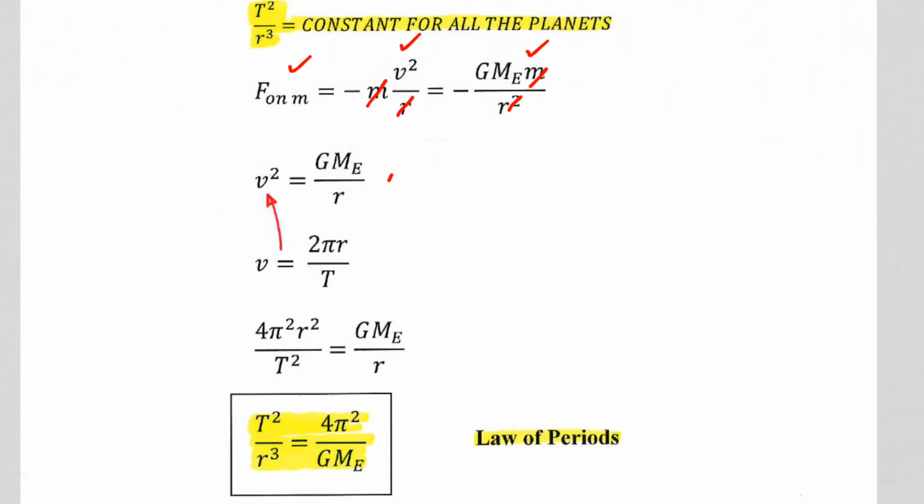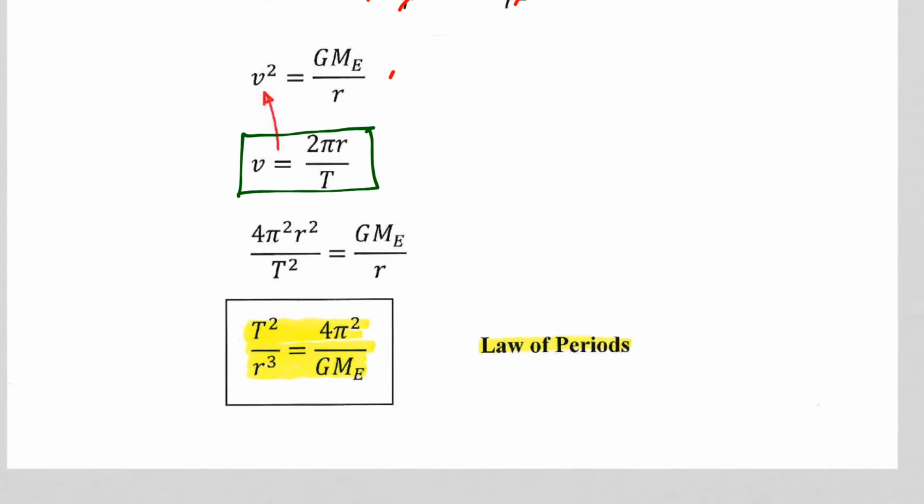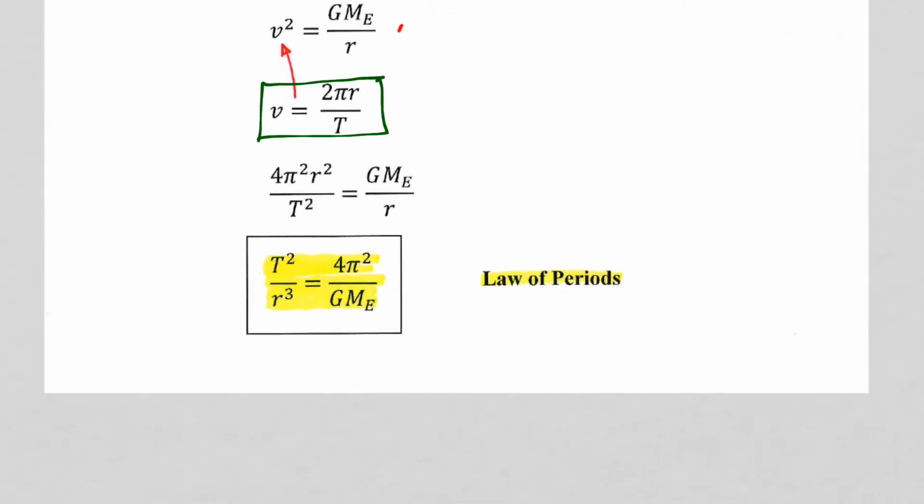We get speed equals distance over time, so we're going to plug that in for v. And if you take the period squared, just do the algebra, take the period squared divided by the radius cubed, you will get 4 pi squared over GM.